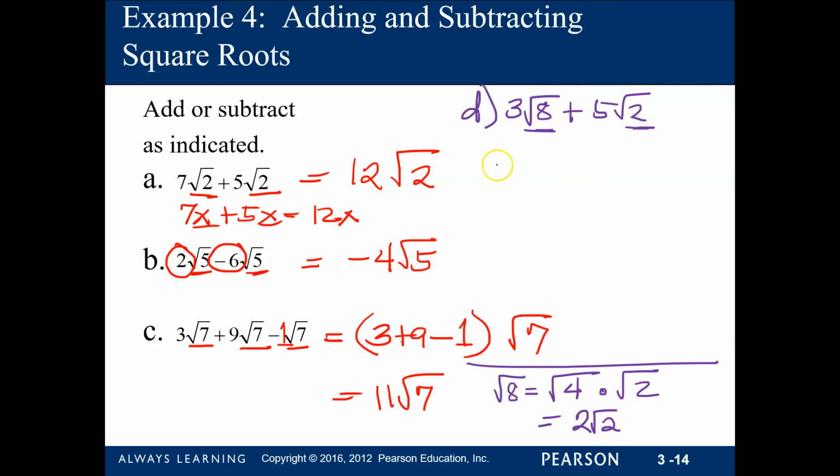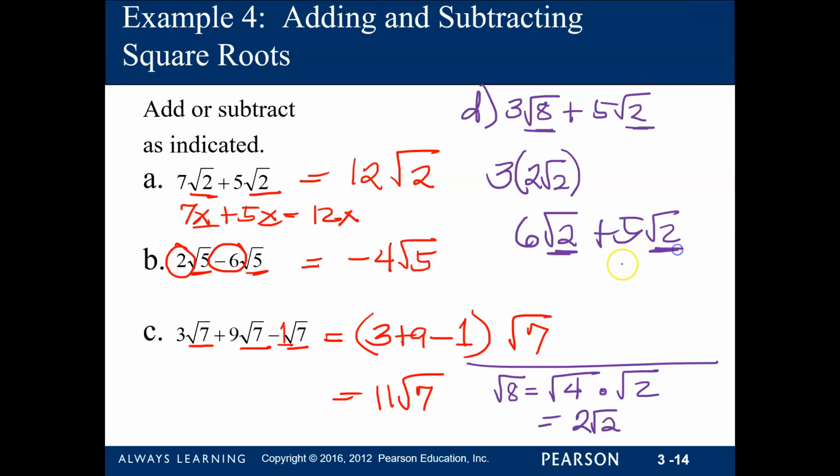So if we have 3 and we rewrite square root of 8 as 2 times the square root of 2, okay, 3 square root of 8 will actually become 6 square root of 2. Okay? And if we add the 5 square root of 2, now we have similar terms, we have similar radicands, and so we can have this as 11 square root of 2, okay?